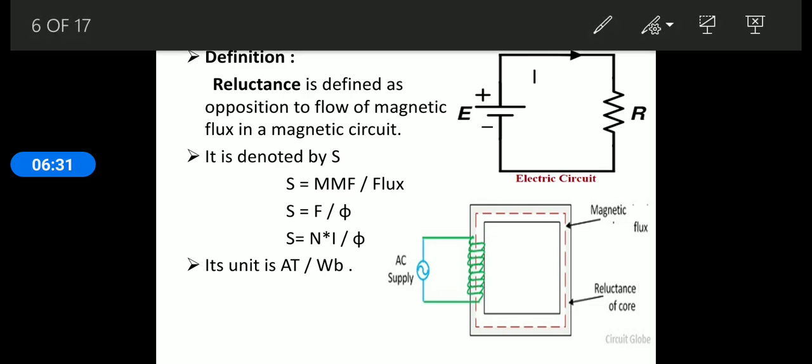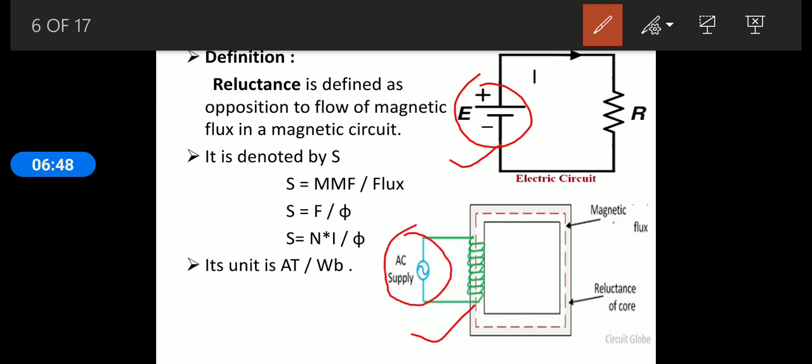Here this is the electrical circuit and this is the magnetic circuit. The electrical circuit consists of a source, and the magnetic circuit also has a source.